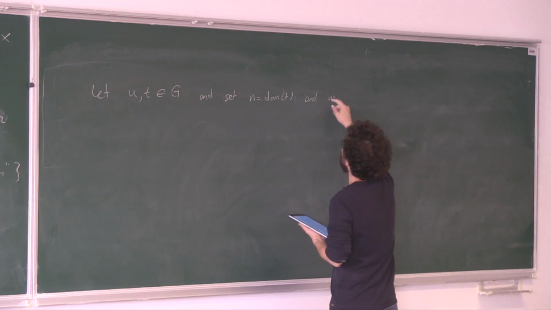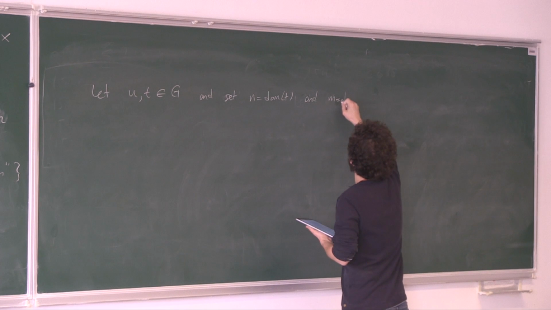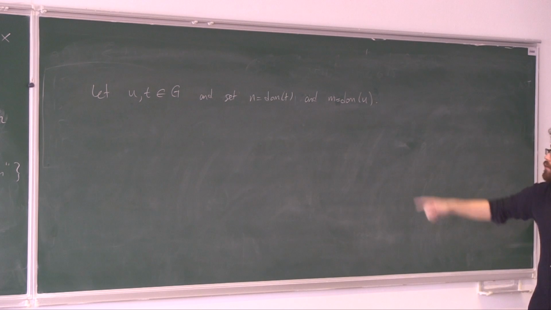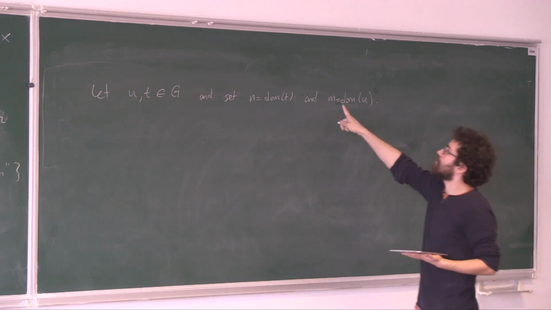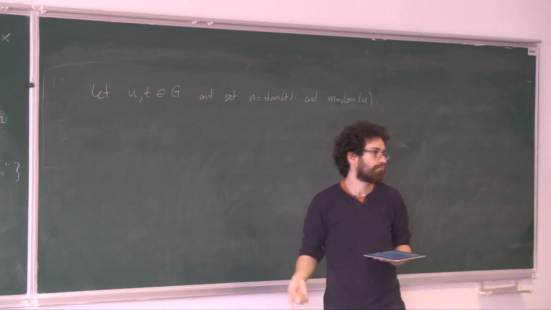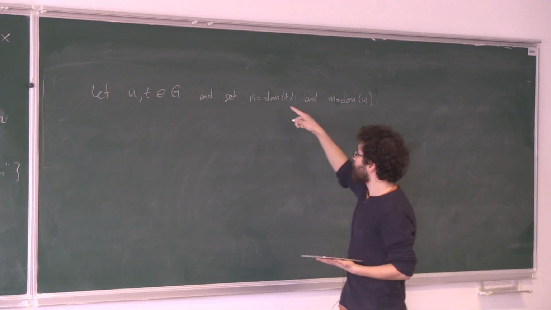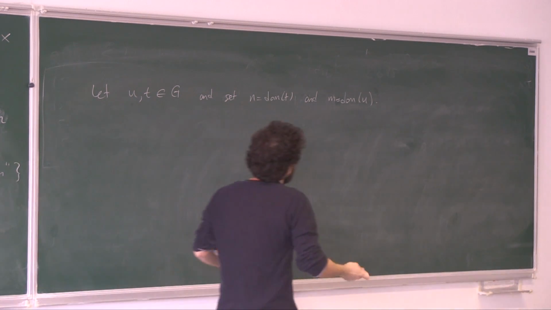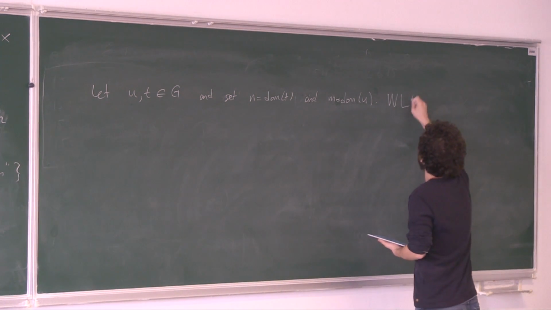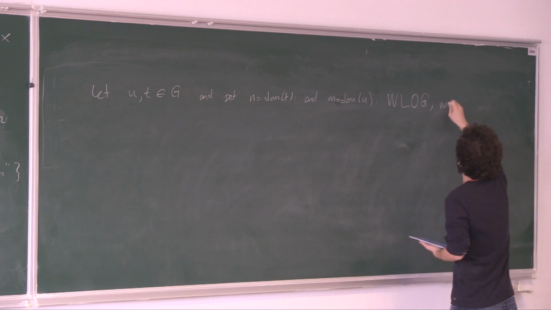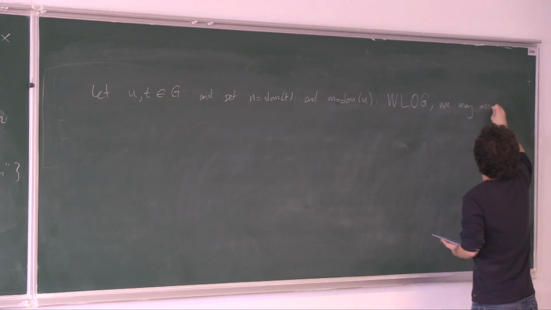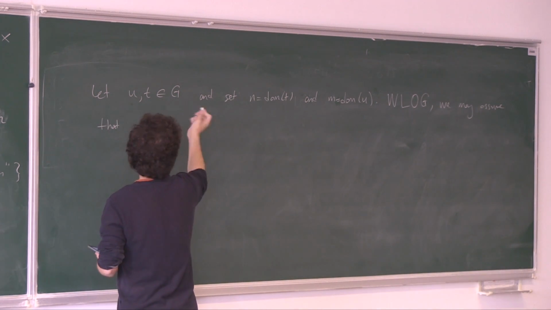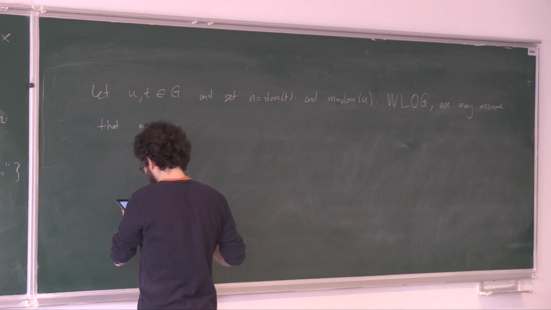And let's say that the domain of U is M. Take two computations and name their domains, because their domains are natural numbers. Without loss of generality, we may assume that M is less than or equal to N.